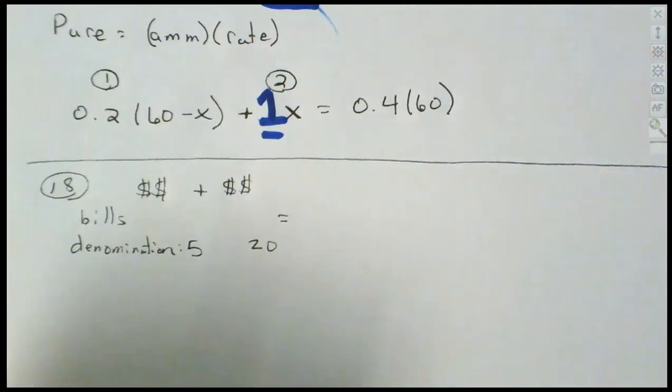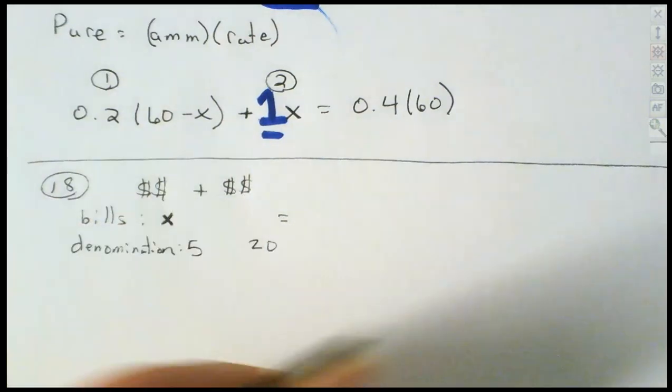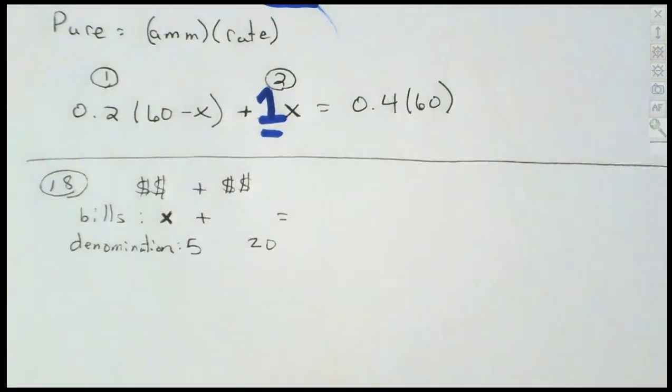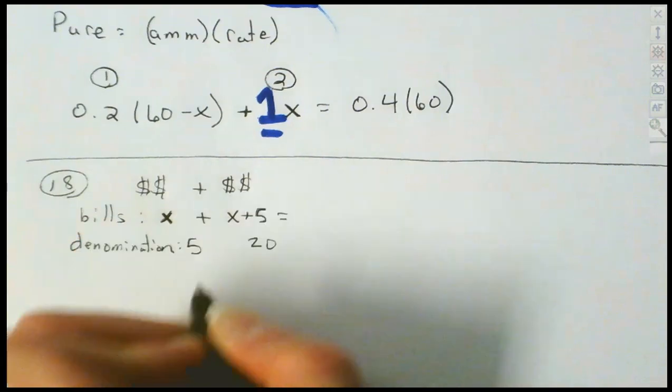So we don't know how many $5 bills we have. So that's unknown, so that's going to be the X. But what do we know about the 20s? Well, we know there are more of them. And by reading the question, it says there are 5 more. So 5 more would then be X plus 5, right? 5 more of the 20s.